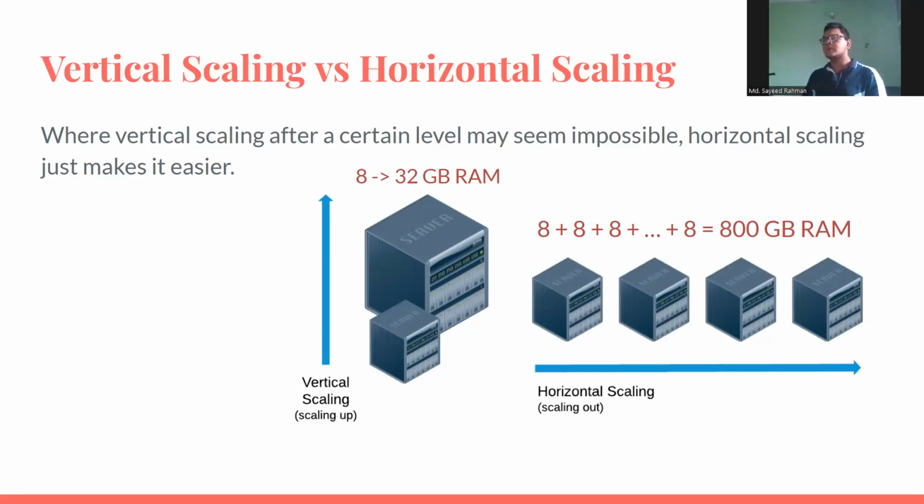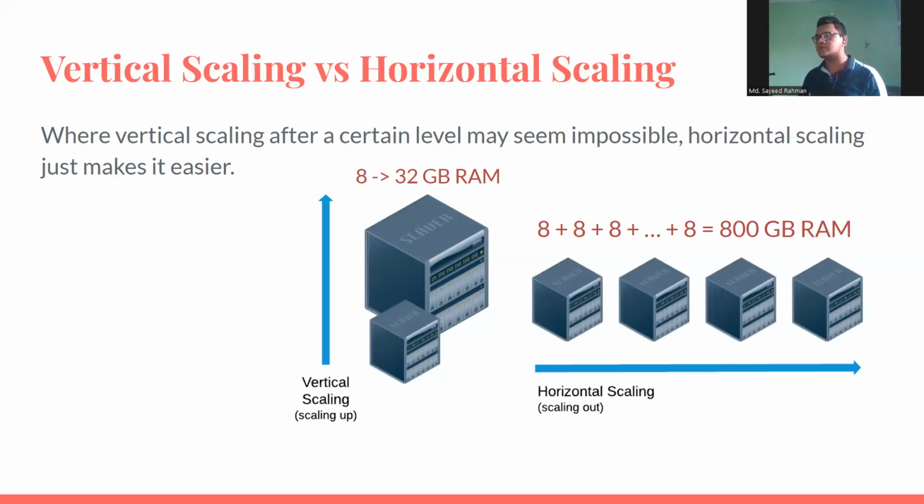But what happens when you need a level of computing power which is not available in the market? Let's say you cannot just go to the market and buy 200 gigabytes of RAM. Where vertical scaling seems impossible, horizontal scaling comes to the rescue. Horizontal scaling lets you scale out your computing power to nearly infinity, which you can't even imagine with vertical scaling.